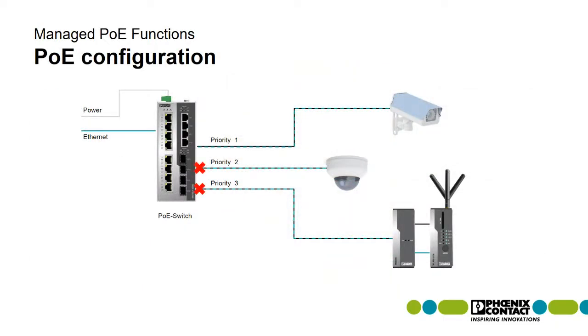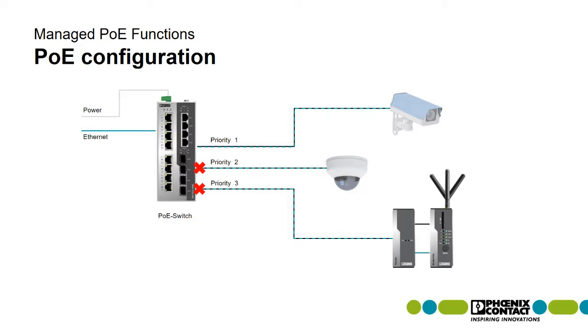So if we take a look at this, what happened very quickly there was a power event, and we had priority 1 set on that top camera, and that camera kept running even though there was a power event.